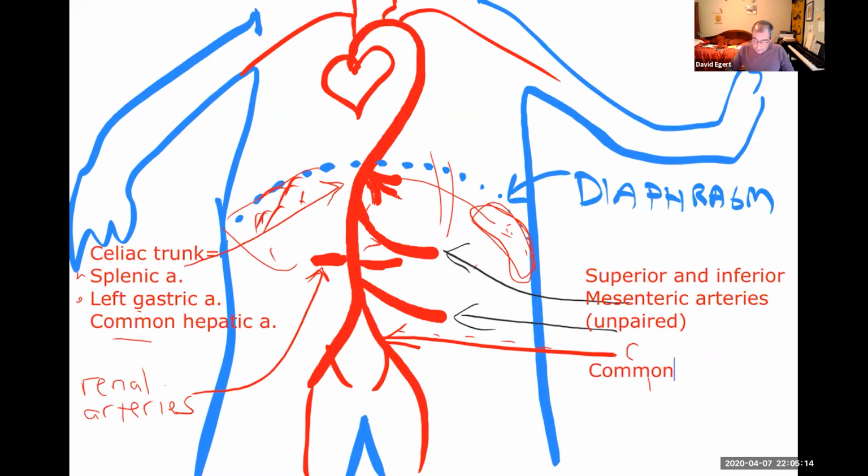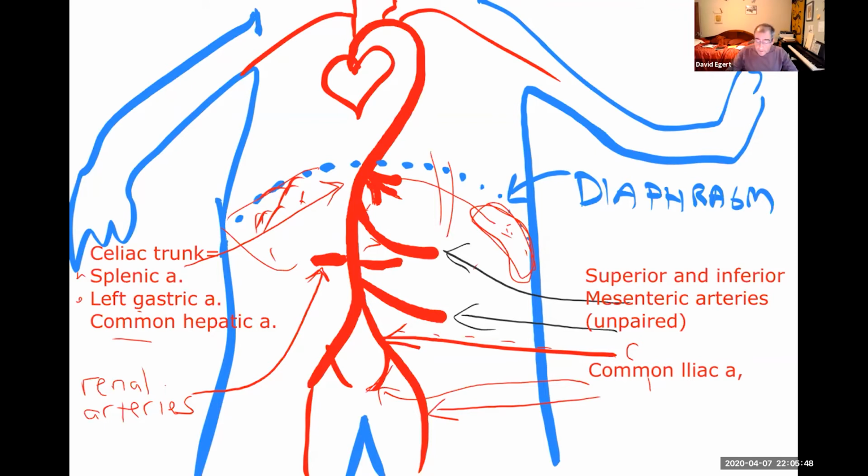Common iliac. And then the common iliac artery then splits: one part that stays more superficial and is going to go down the front of your leg, another part that is going to go deep into the structures that are deeper in the pelvis.